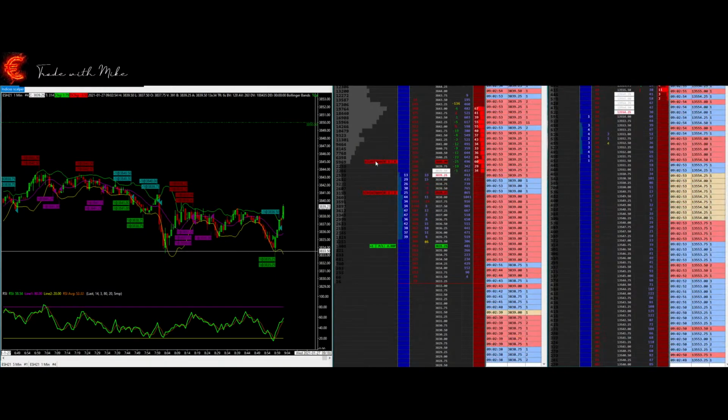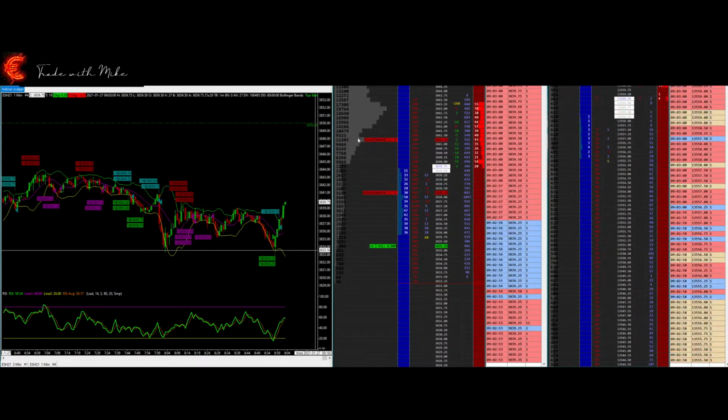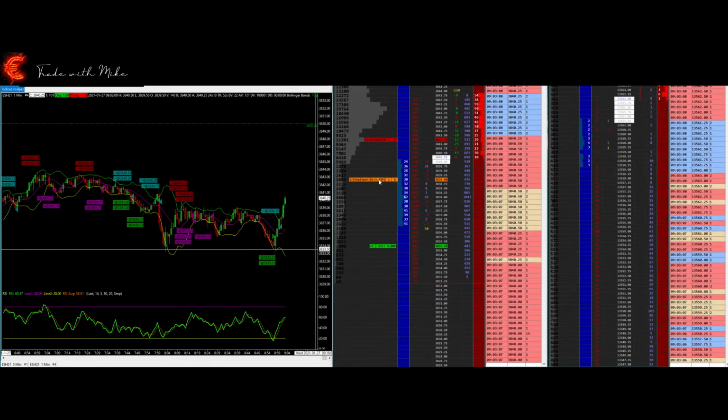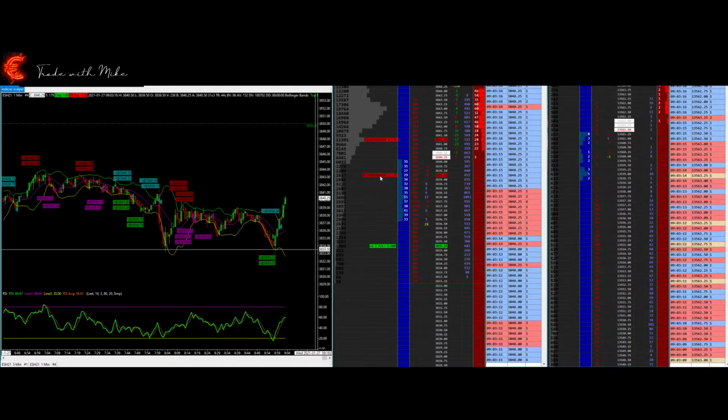If I get stopped out, I ain't gonna cry. So 6 handles is my take profit based on the volume. I just dare it to go higher. If it doesn't, I'm still happy. My stop loss is now at 4 handles, 4 full points. That's 16 ticks.